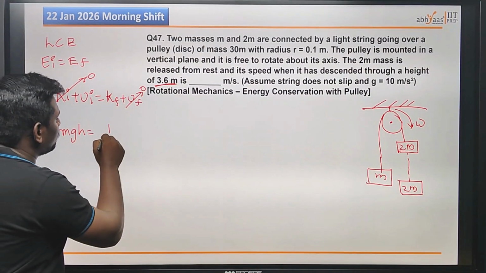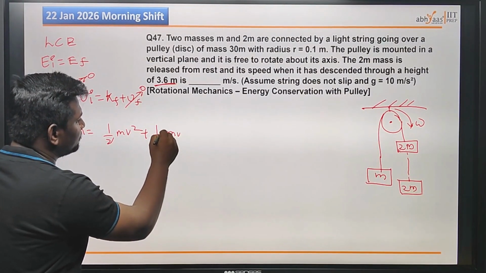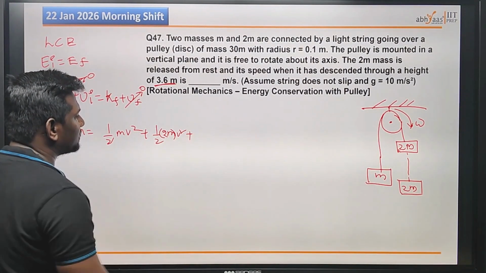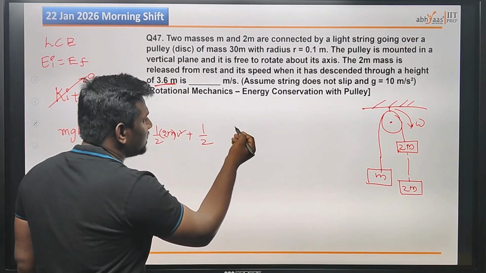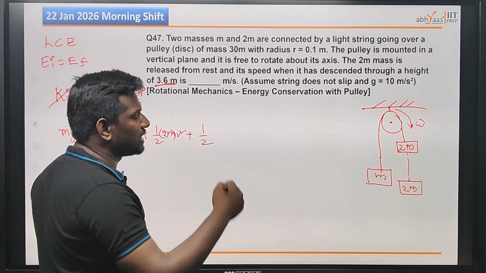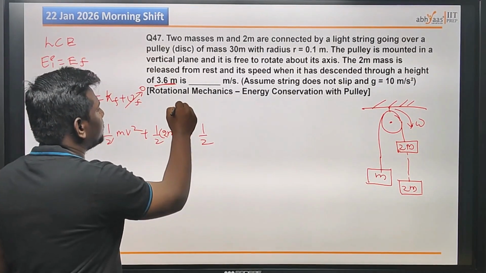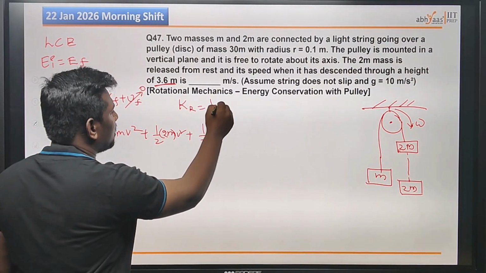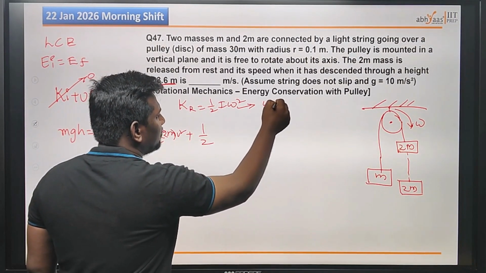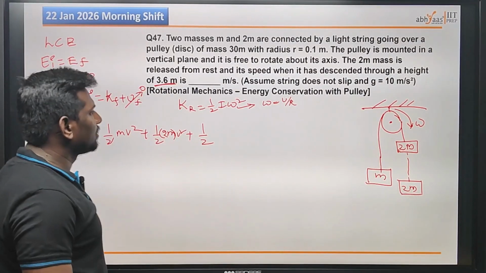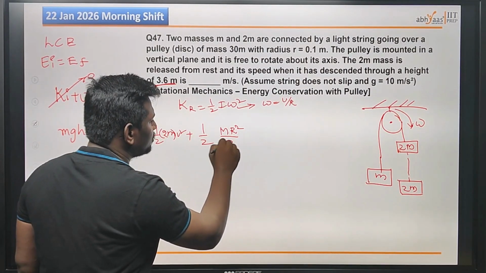See here, 1/2 m v square plus 1/2 2m v square, plus what is the kinetic energy in a rotational motion? Half I omega square. In this case omega can be written as V by R. And I is nothing but m r square by 2.